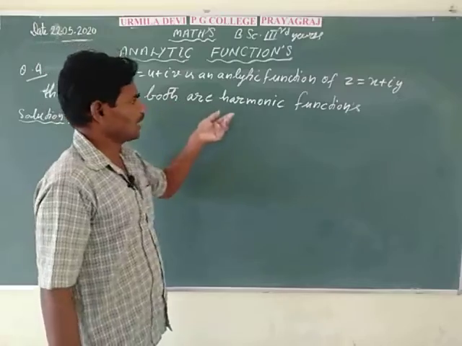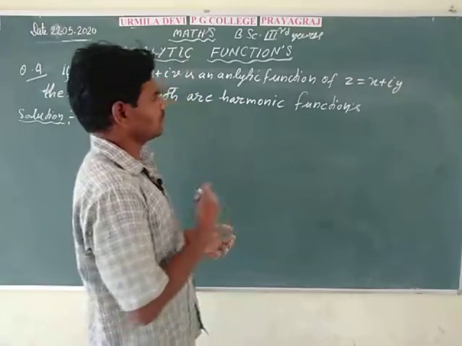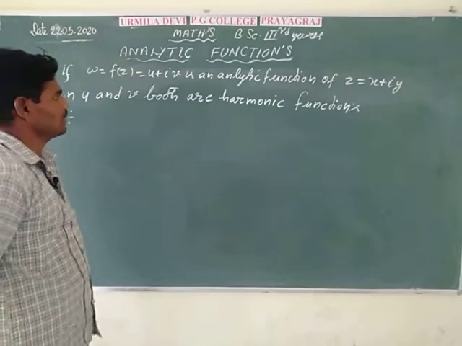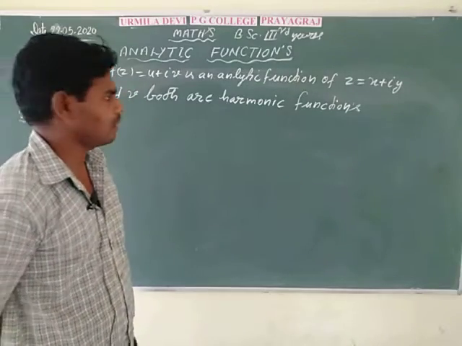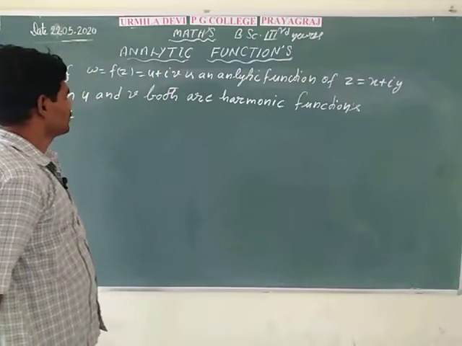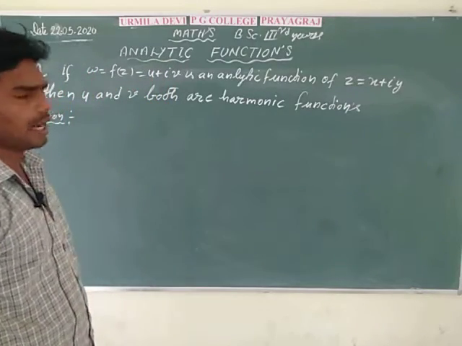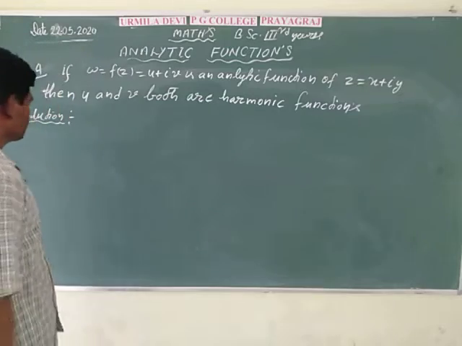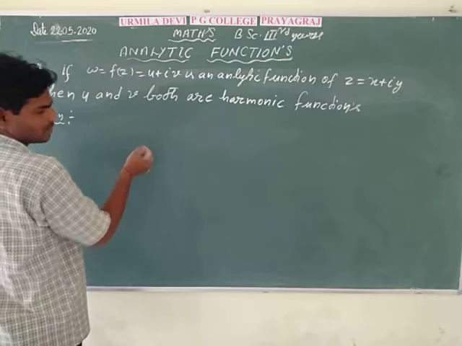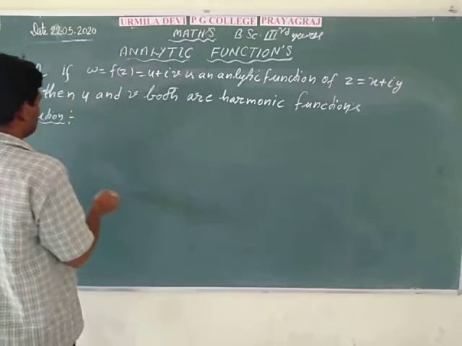Both are harmonic functions. Given that function f(z) = u plus iv, our purpose is to prove that u and v are harmonic functions. So first write the definition of harmonic, meaning directly use the formula of harmonic.